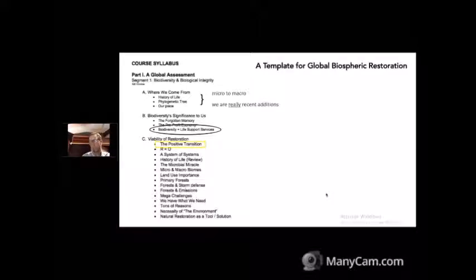In session 2, we inserted this piece exploring restoration and whether or not it's really viable. And what we came away with were a few key ideas. One is describing what has been happening in the last couple of 100 years, roughly, as the negative transition of the biosphere, meaning that we've been destroying life way faster than it can replace itself, and we've been destroying ecological functionality by destroying ecosystems.